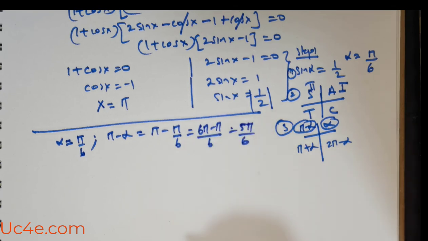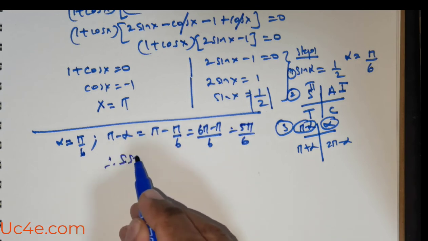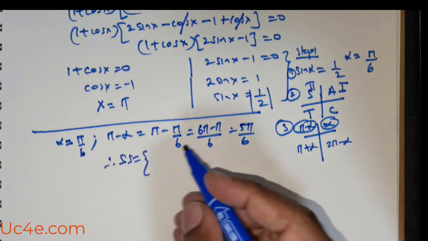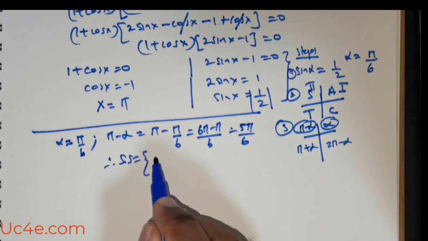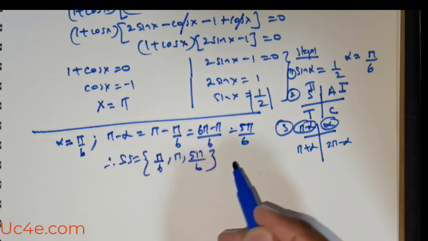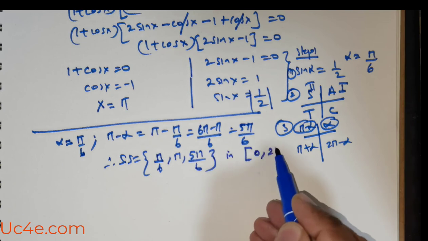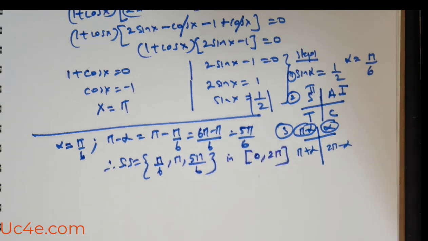So the solution set is pi over 6, pi, and 5 pi over 6. All of these are in the region [0, 2 pi]. So this is the solution for this question.